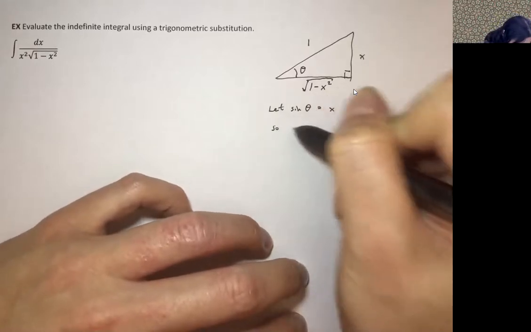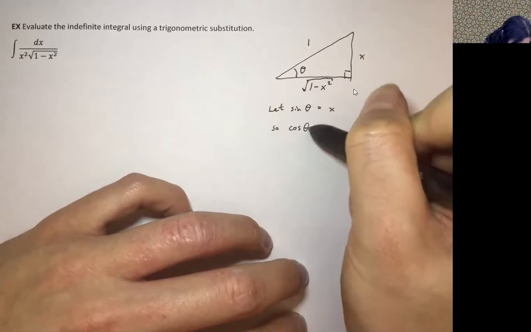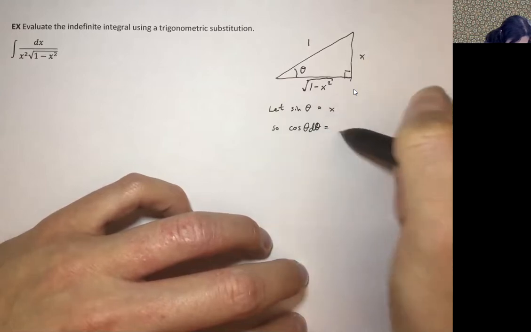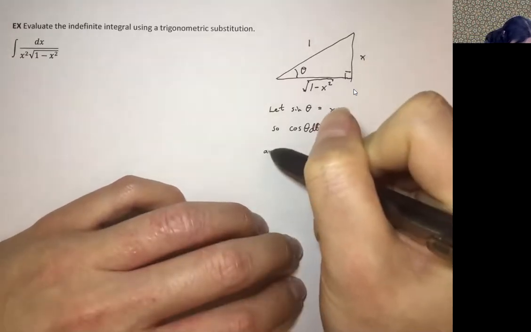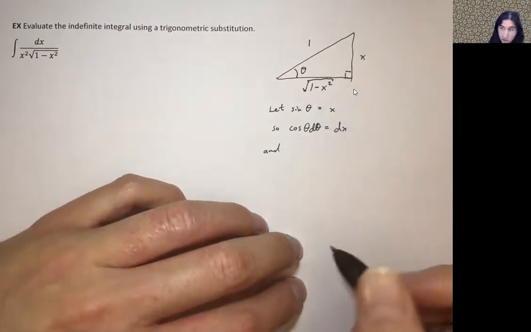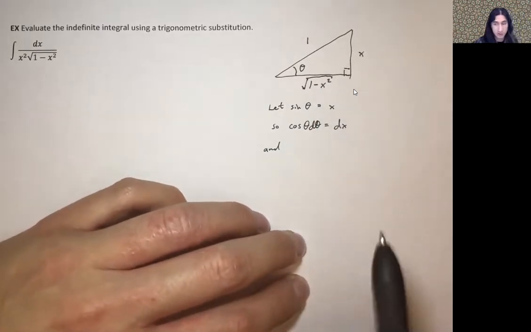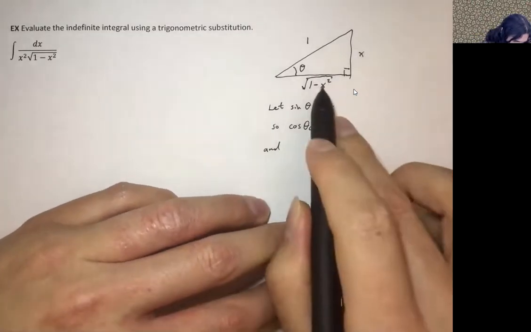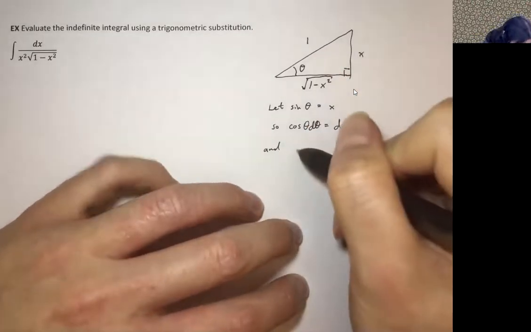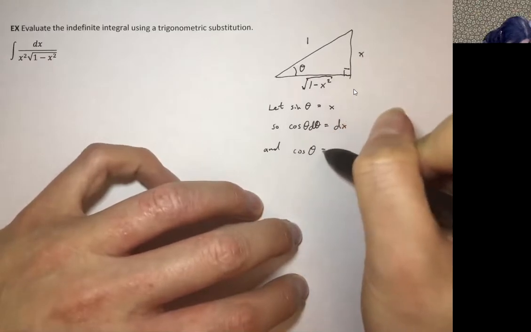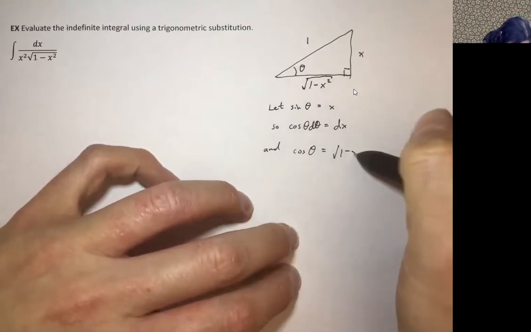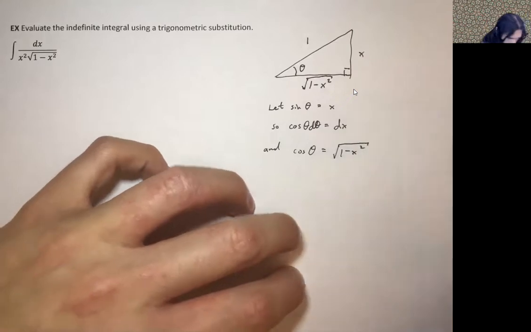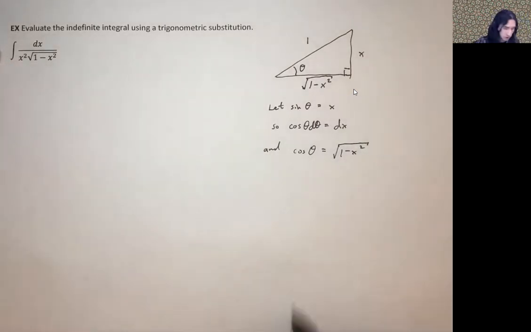So cosine theta d theta will equal dx. And for my radical expression, this is the main reason that we're doing this, that will equal cosine of theta, because I can see adjacent over hypotenuse. Okay, so that will allow me to complete all my substitutions here.